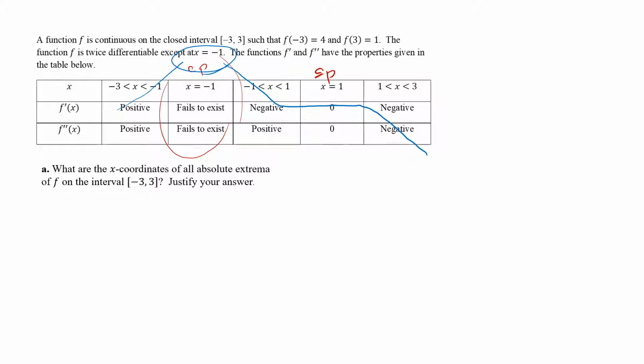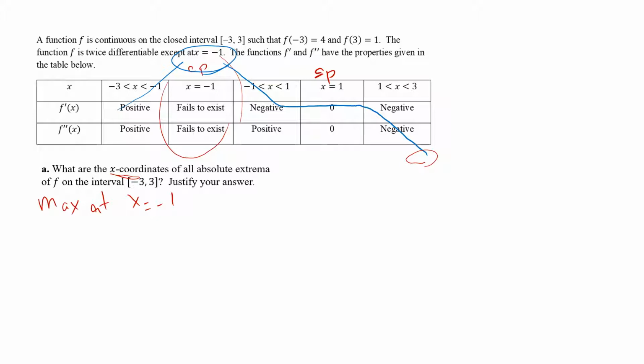So we have a max at x equals negative 1. We can't find out what that maximum is. We just want to know, where is it? What are the x coordinates? And now minimum, the way I drew the little graph here, it looks like the minimum is down here, but that's not necessarily the case.